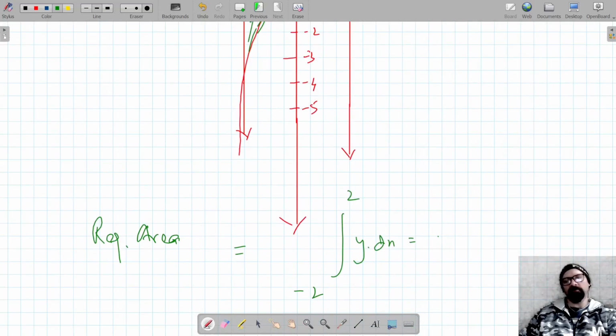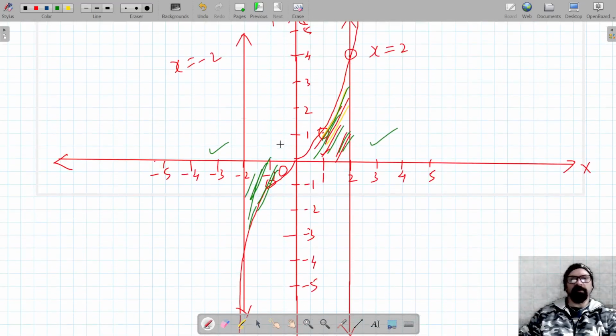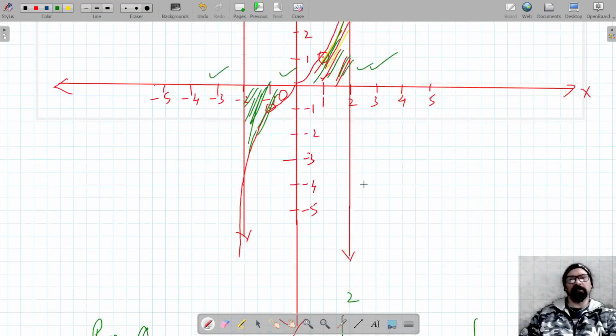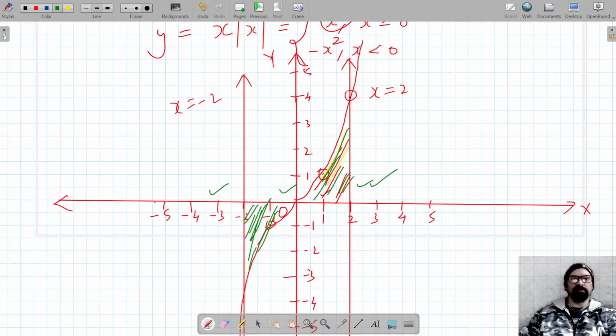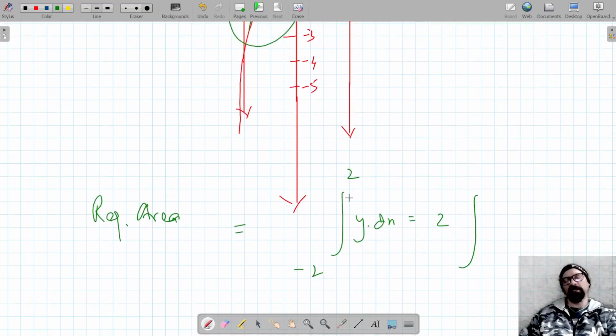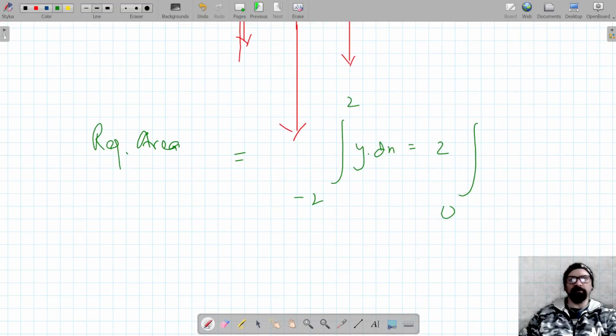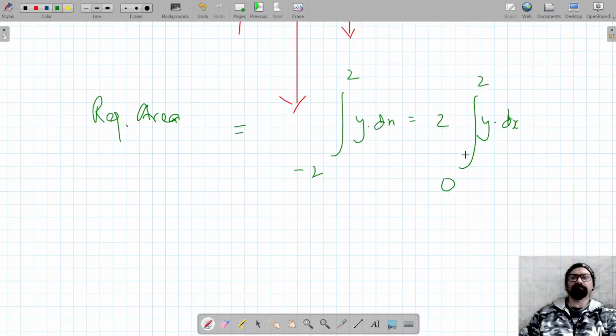I can write it as 2 times the shaded area for the limit 0 to 2, because these two regions, this one and this one, are symmetrical. So I will find the area of this region and multiply it with 2 to get the area of the other region. The limit goes from 0 to 2, y into dx.